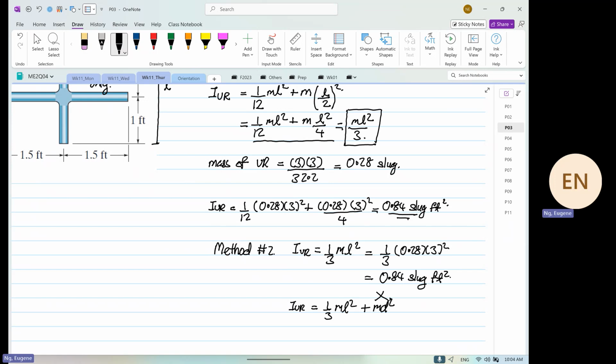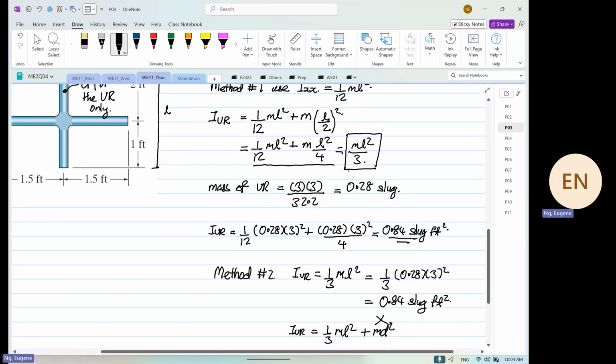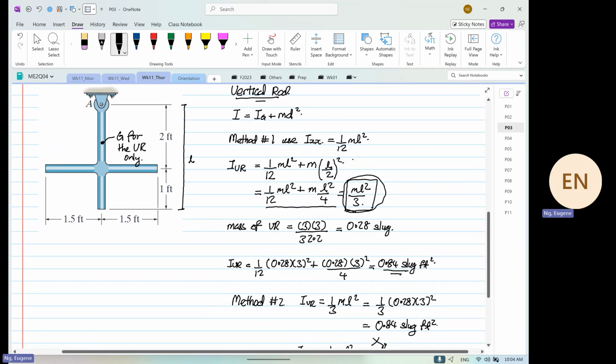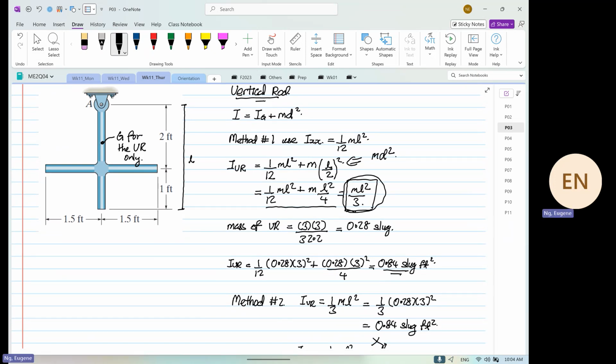Because when we derive, the MD squared is already considered. Yes or no? When we derive over here, we already consider the what? This over here is your MD squared. Okay. So a lot of times I've been teaching this course, maybe this is my 4th time, students get mixed up. Don't get mixed up. Are we clear? Okay.